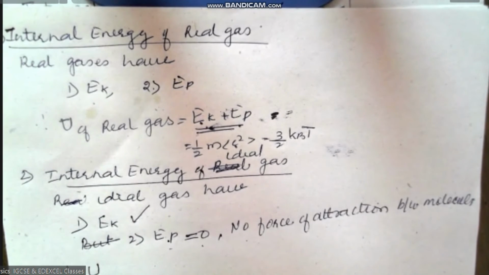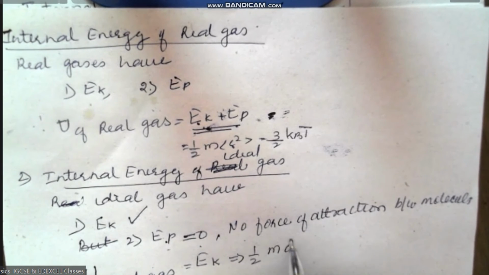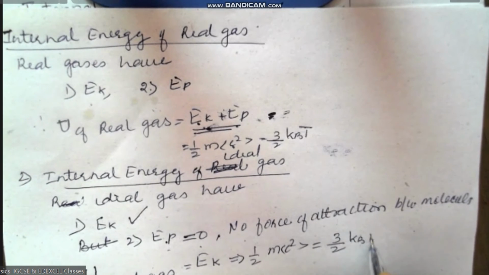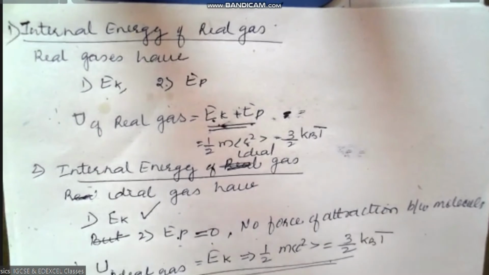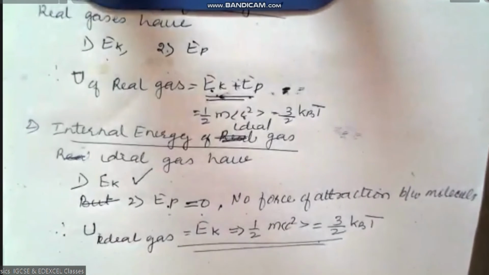So the internal energy of an ideal gas is only due to its kinetic energy, half mc square, which can be found by 3 by 2 kB into T. Understood?